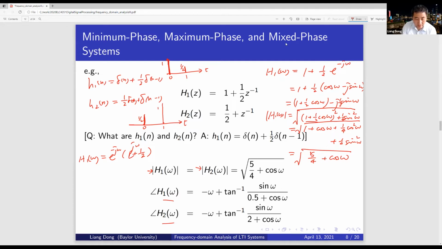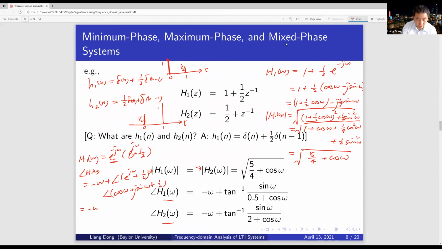So we calculate the angle of H1. The angle is, first, this part, negative omega, plus the angle of e to the power j omega plus a half. The second part is cosine omega plus j sine omega plus half, the angle of that.